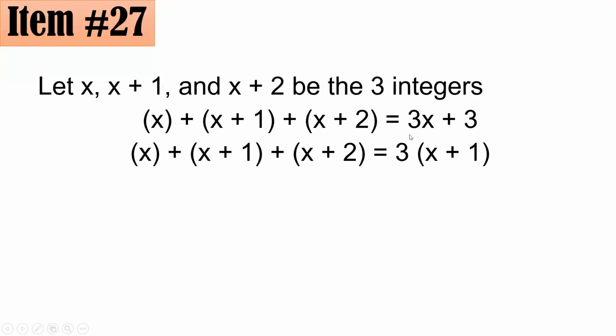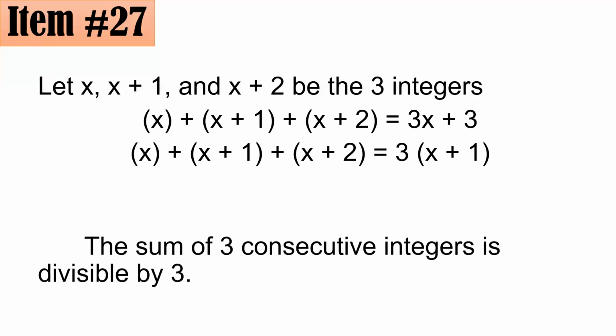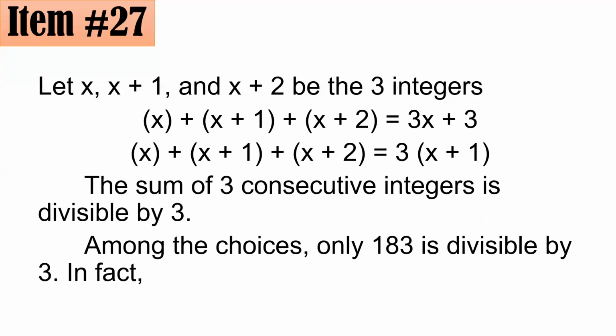So you could see that 3 is one of its factors. That's why, to make the long story short, if you add any 3 consecutive integers, its sum should be divisible by 3. And among the choices, only 183 is divisible by 3.